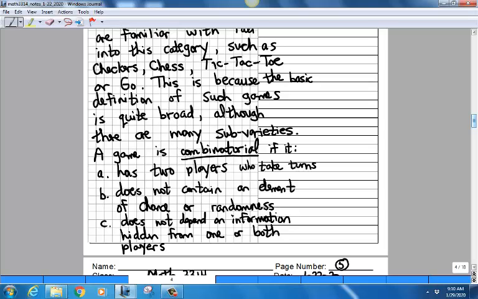But card games are also not combinatorial games because there's information hidden from one or more players. People have hands, you see, that they know the other player does not know. In a combinatorial game, both players have all the information about the current status of the game. So that's the third condition.